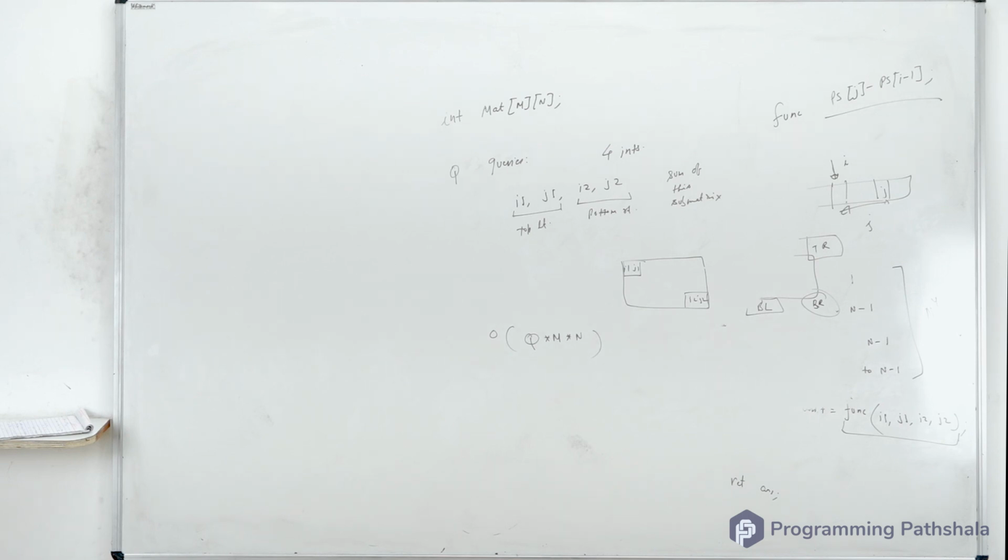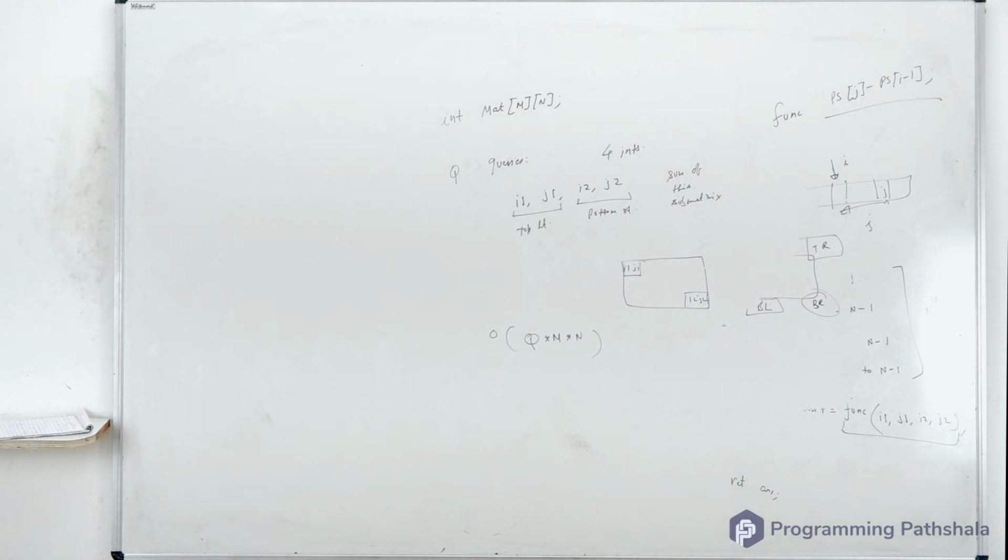Do you see why I am saying the time complexity would be q into m into n if I use the brute force approach? That should be clear to all, right? Because the brute force approach simply computes the sum of all the cells involved in that submatrix. And the largest submatrix can be of m cross n, so it will be this much time complexity.